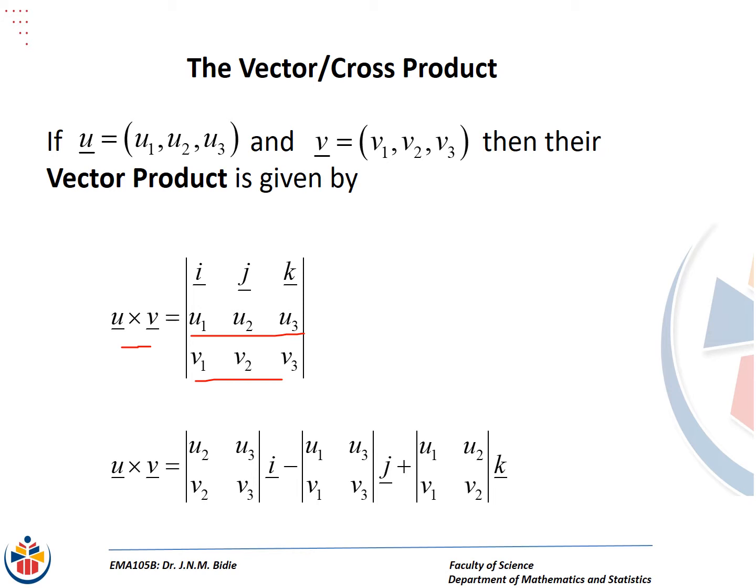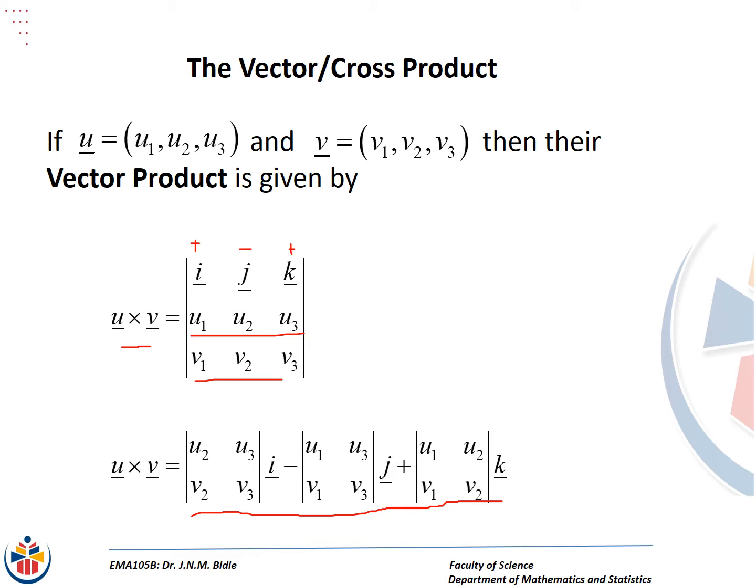Then the way I've evaluated here is always the standard form of evaluating the determinant of a matrix, especially for a 3 by 3 matrix. In this case, we're using minors and cofactors. Please recall that the first column is positive, the second column is negative, and the third column is positive in terms of cofactors.